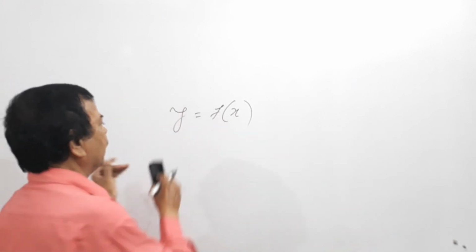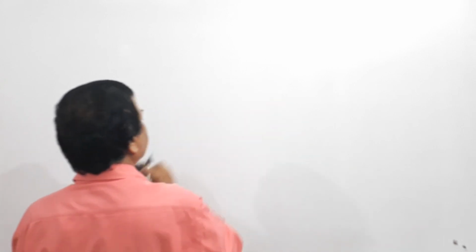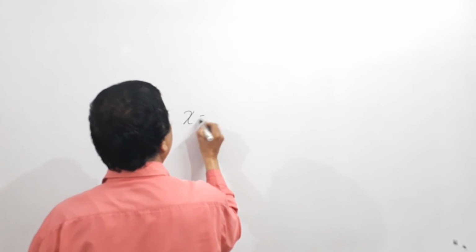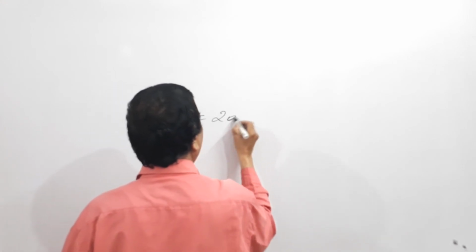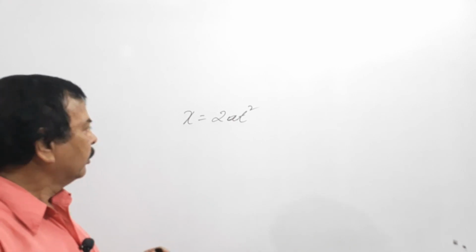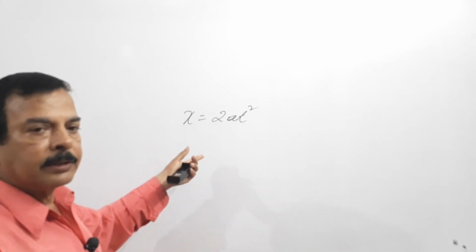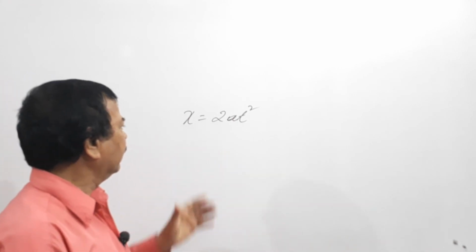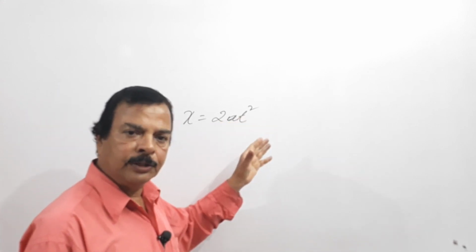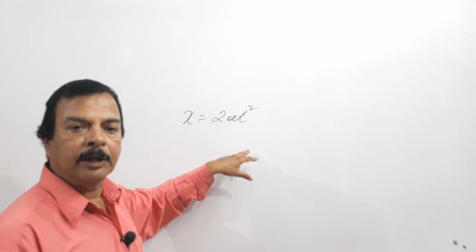Let us take another example, that is x equals 2at square. You might be observing, what is this? Now here you find this is a variable which we are going to differentiate with respect to another variable t.